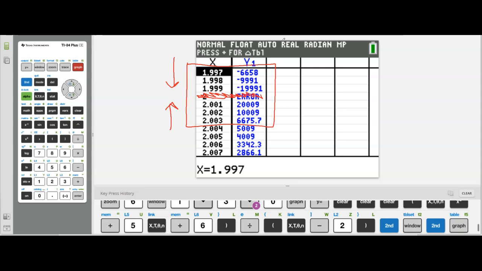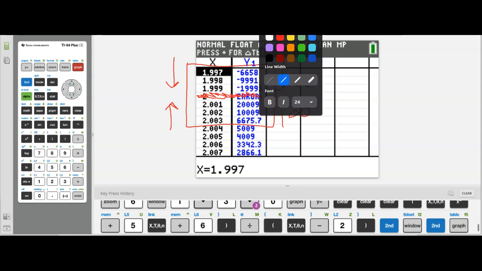These numbers don't seem to be approaching any real number. As we approach from this side, we seem to be getting closer to negative infinity. As we approach from this side, we seem to be getting closer to positive infinity. And again, infinity is not a real number, it's an idea.